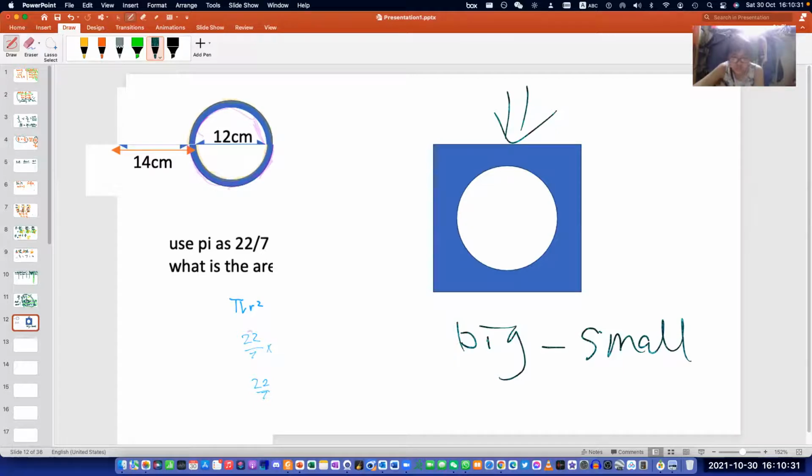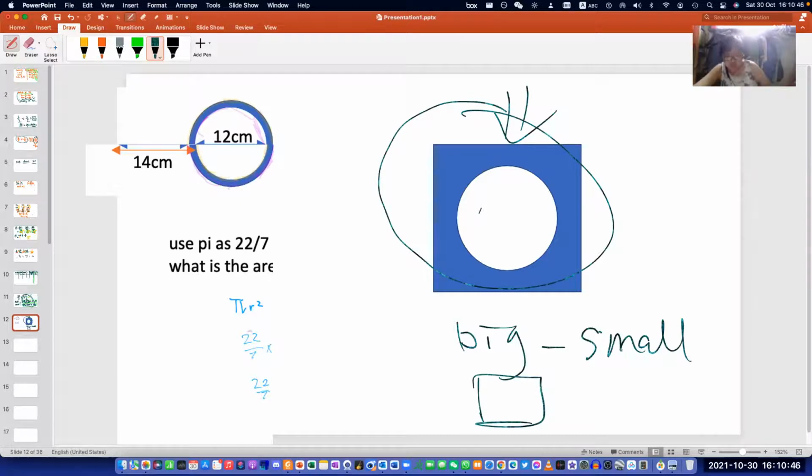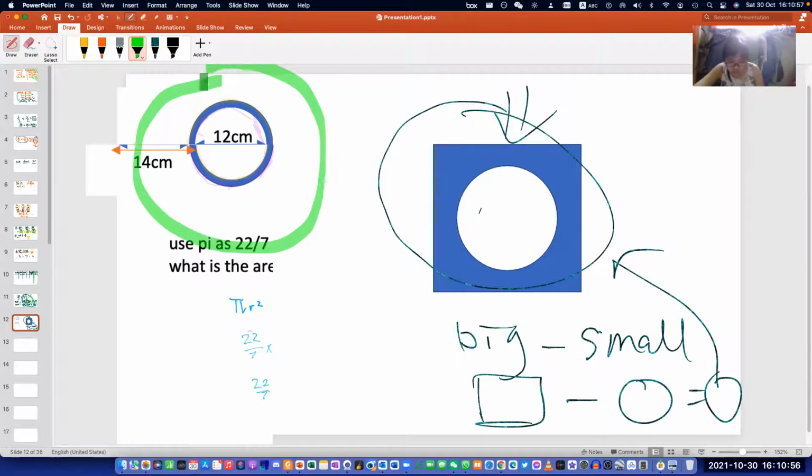Square or circle? The square. So square is the big one. Small one is? The circle. So you use the square minus the circle. Then you will get the answer for this shaded area. So similarly, how do you find the shaded area here? This one.